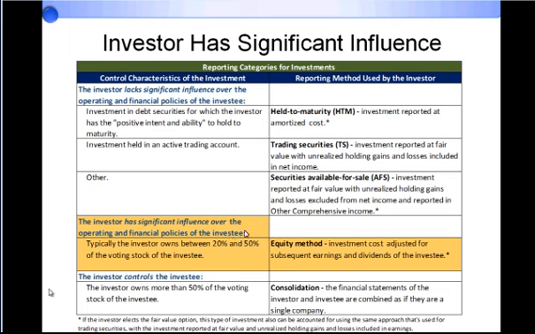So now they're not just a minor investor, they're a major investor. We're going to talk about when they own between 20 and 50%. They don't have full control over the company, but they have significant influence. And then we'll talk about a situation where the investor actually controls the investee. To do this, you have to own more than 50% of the company, and then you become the controlling owner, if you will.